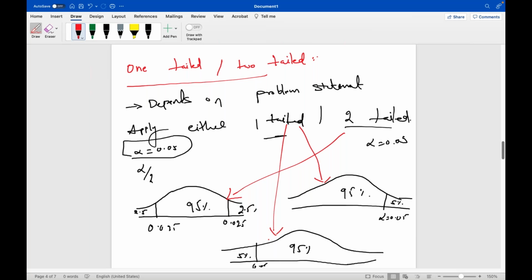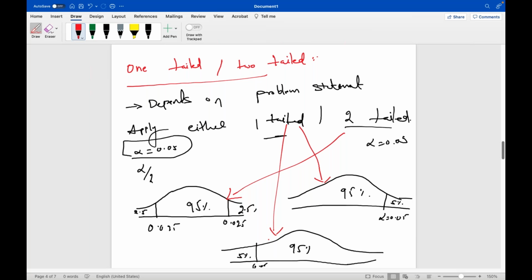People can be confused about p-value and significance value. Both are different, but both are talking about the same thing.